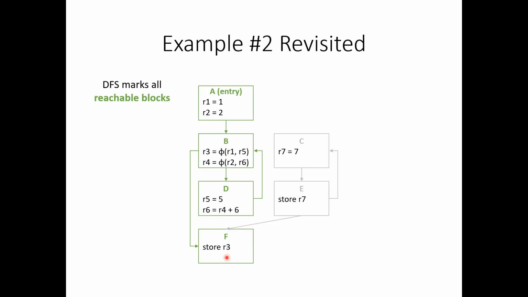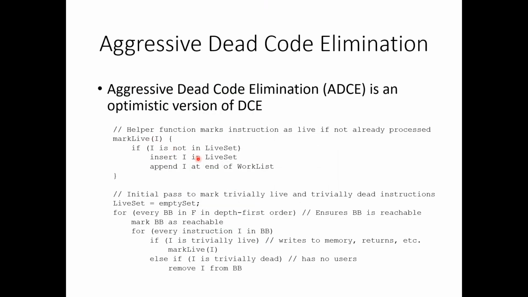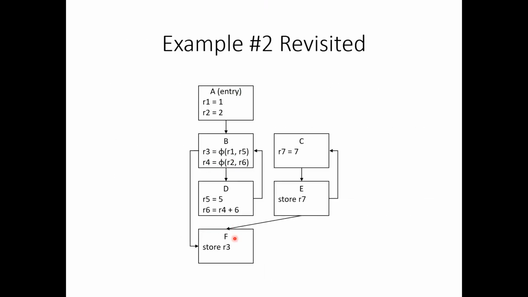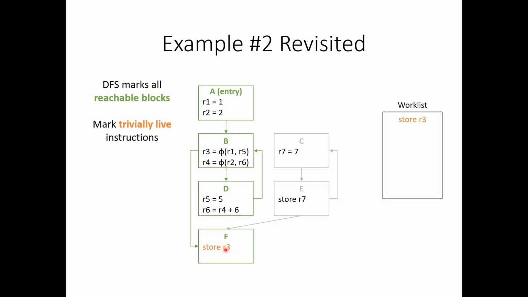And remember, when I mark an instruction as trivially live, I do two things: I insert it into a live set, which tracks if something is live, and I add it to a work list. So if I go back here, I'm going to mark the store as trivially live, indicate that with this orange color, and also add the store instruction to a work list.